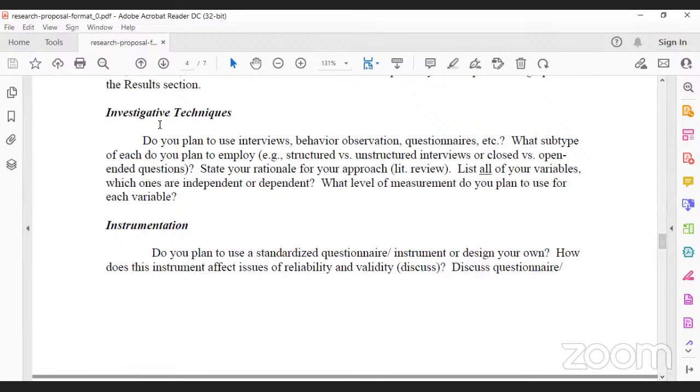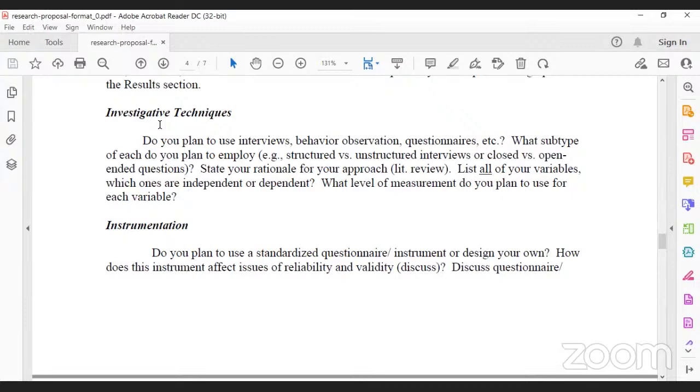So here, when you are writing your research proposal, you should be able to write what kind of plan you want to employ, whether it be a structured or unstructured interview, closed versus open-ended questions, and state the rationale for your approach, literature review, listing all the variables, which one is independent and which one is dependent.